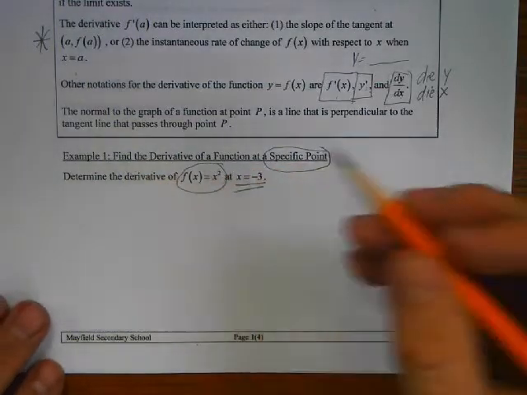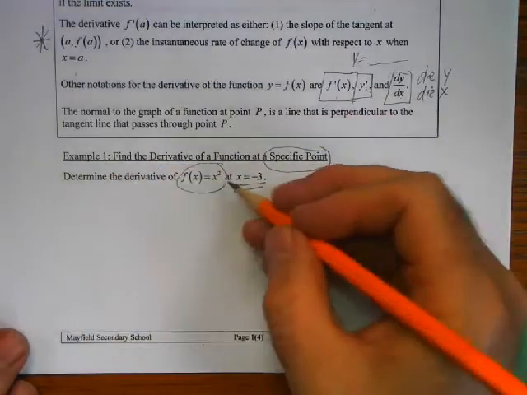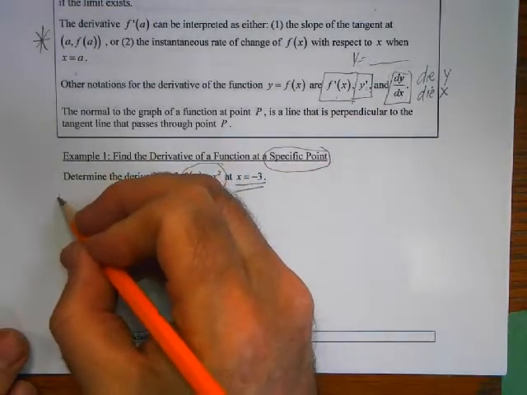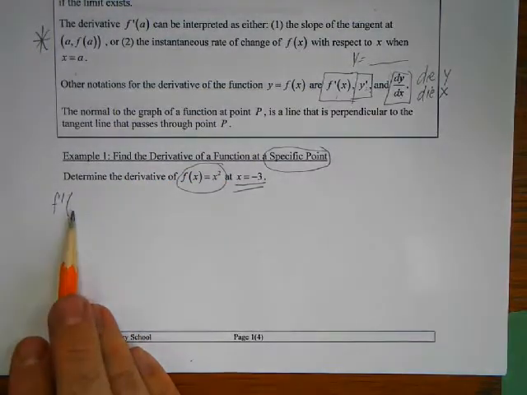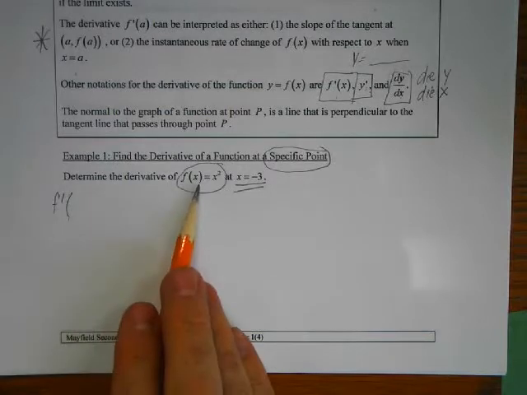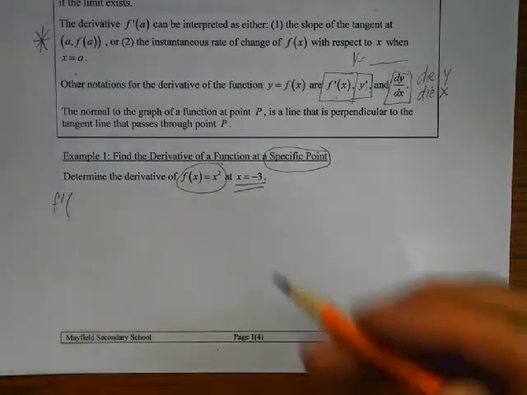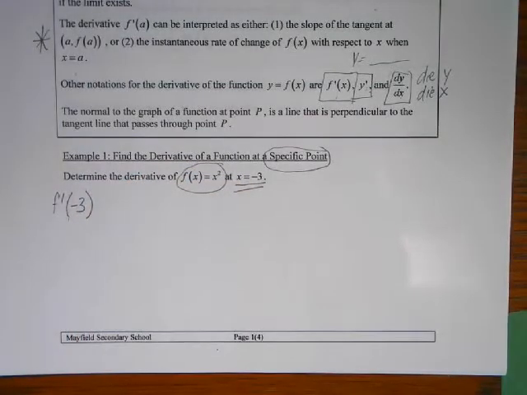Okay, so we'll start using our new notation. So we're taking the derivative of the function f. So that means we're going to look at f prime. Now, instead of saying x in this case, which we would normally do if we're taking the derivative of the whole function, we're trying to find the derivative at x equals -3. So in this case, we would put f prime at -3.